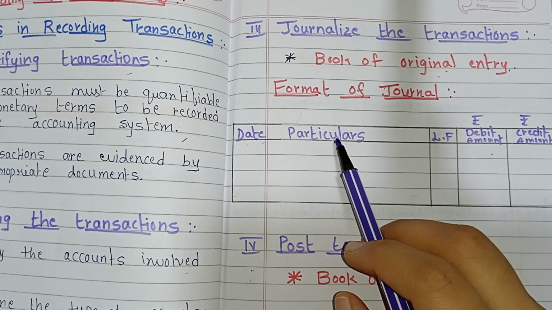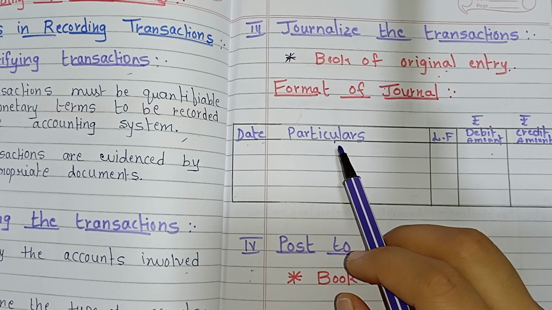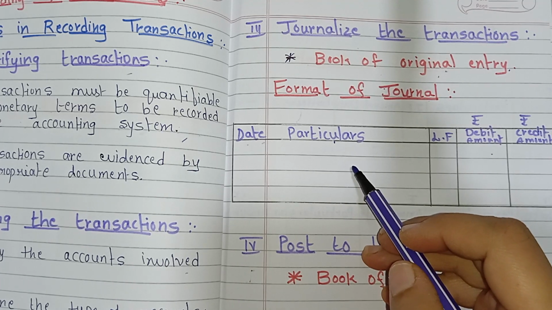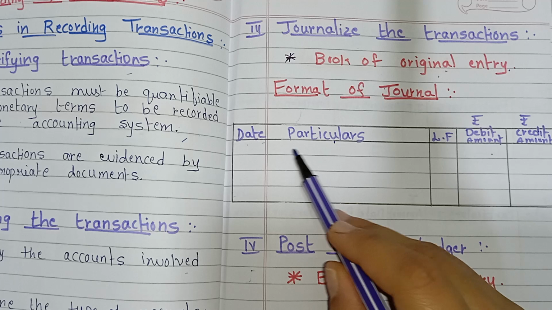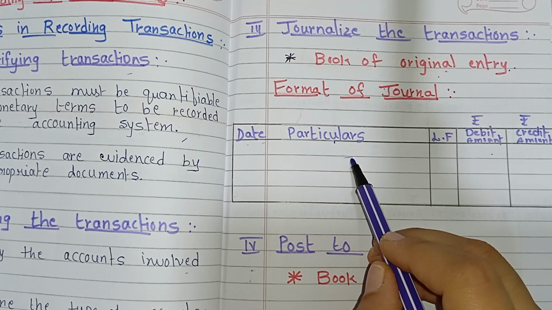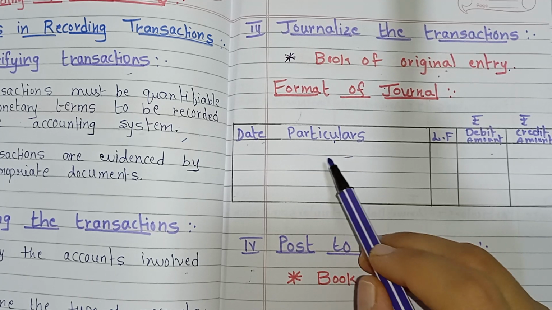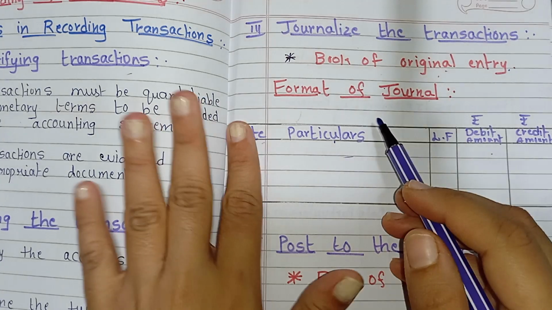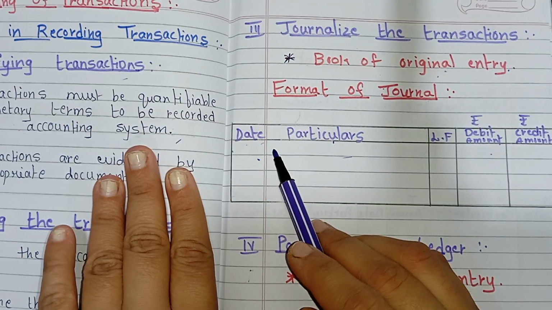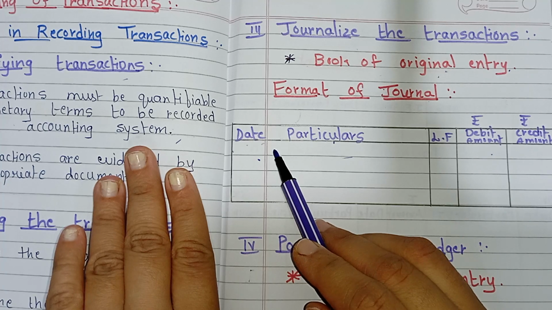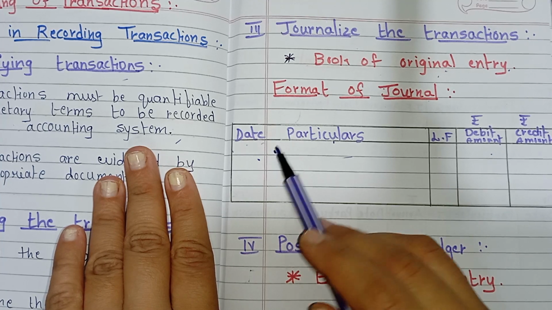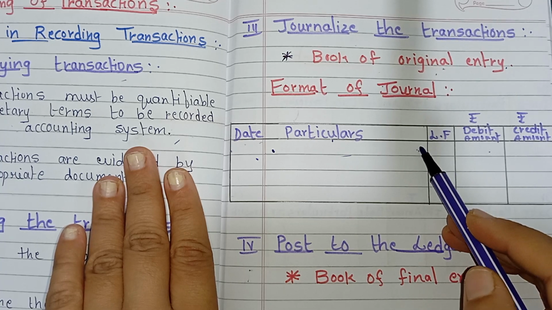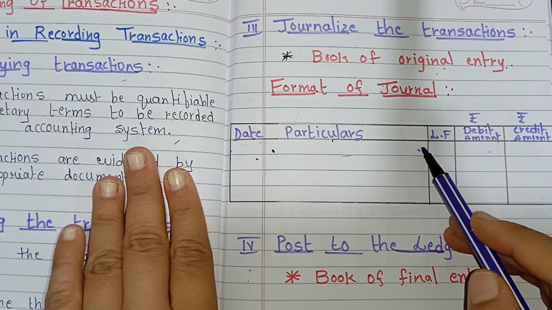And next, in the particulars column, what we have to do? The account title to be debited is written on the first line, beginning from the left hand, and the word debit, that is DR, is written at the end of the column here. We need to write the debit here.